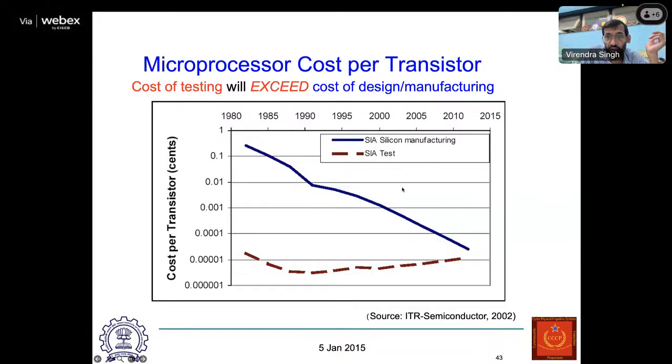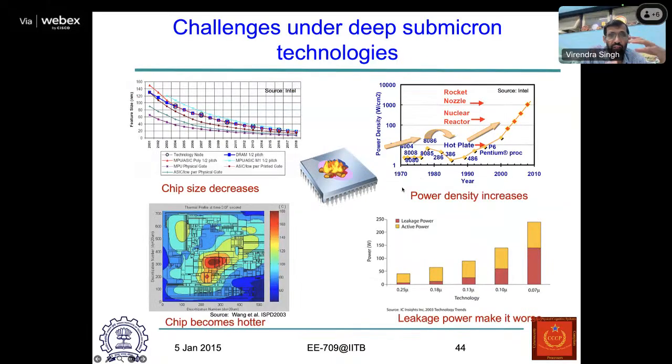Now there is a whole lot of innovation in the design, but with the innovation in the design, many new things come along, like the power consumption of a device, which has increased tremendously.